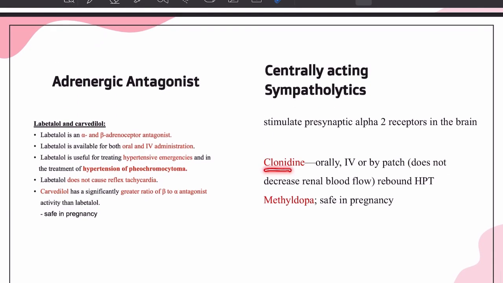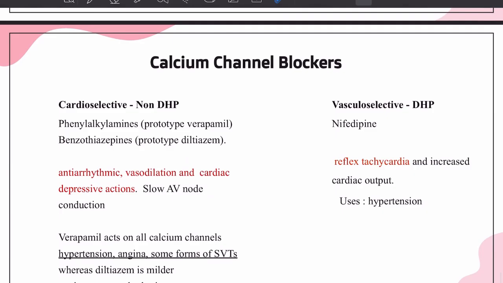And clonidine, you can remember with the beta blocker, and it can cause rebound hypertension if suddenly stopped. Now, clonidine, similar to the group we're going to talk about now, we can use in renal failure or when the kidney is damaged, because they do not decrease renal blood flow. Similar to your calcium channel blockers.